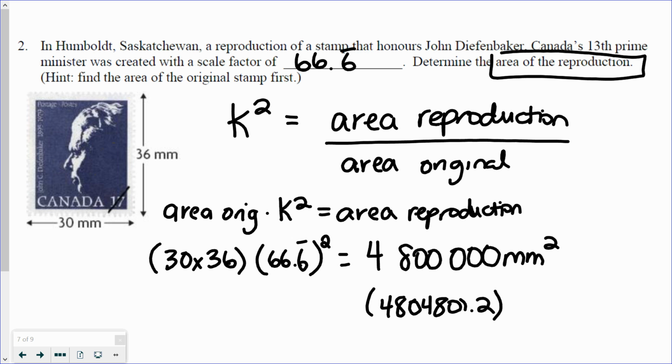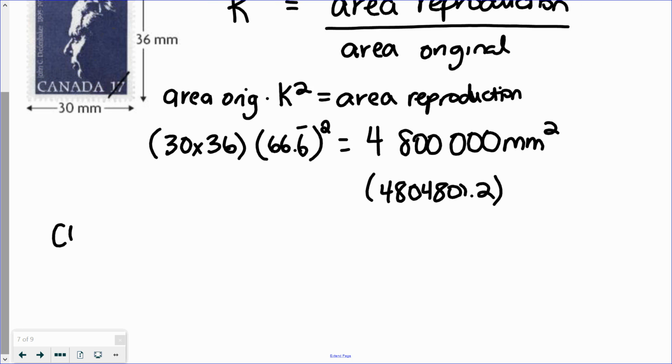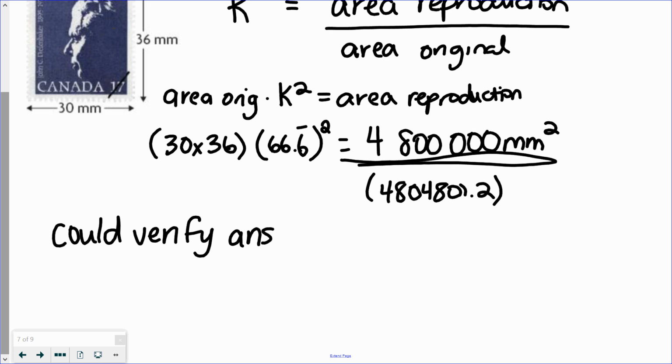because what we could do is we could verify the answer that we have, this answer, with the measurements that we were given for the reproduction.